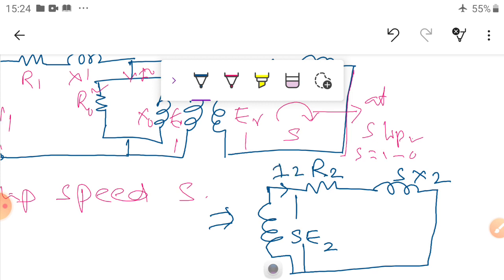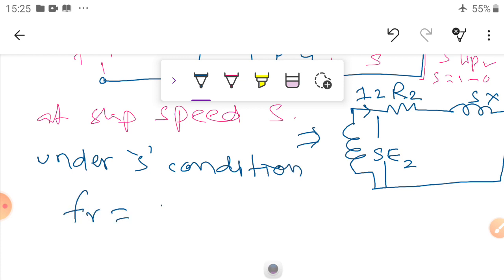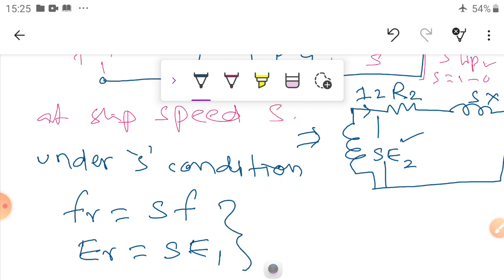Because we know that under slip condition S, the frequency of the rotor is equal to slip times the frequency of the standstill condition. Now the ER, the rotor EMF induced in the rotor conductors, is equal to S times the EMF induced under standstill condition. So based on these factors, this value changes.